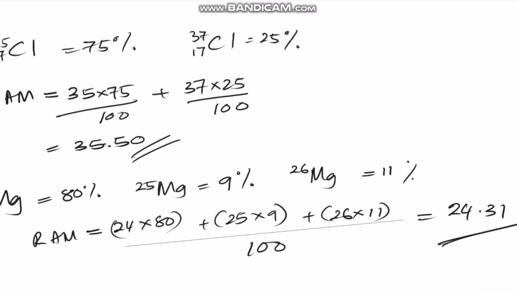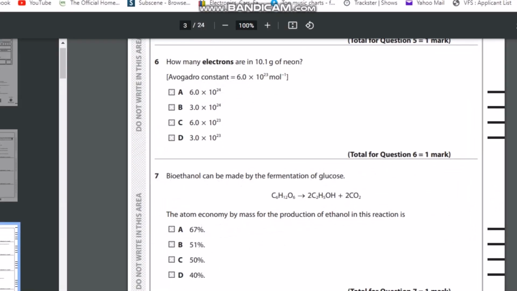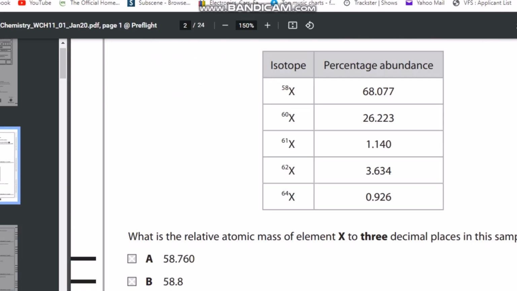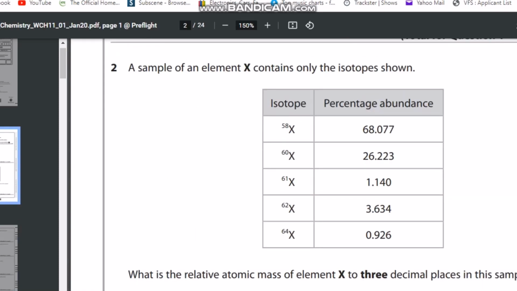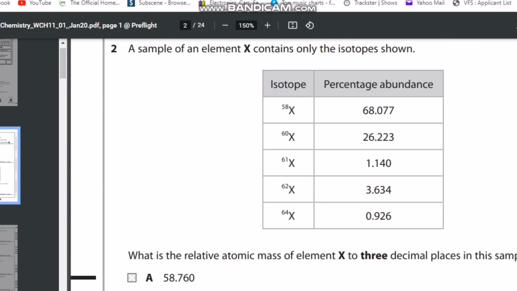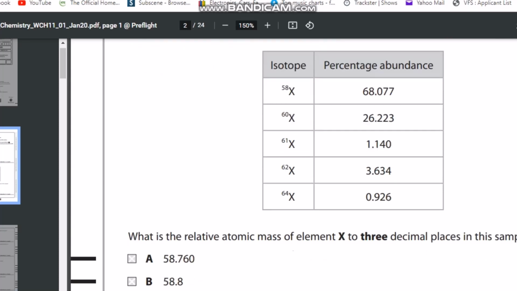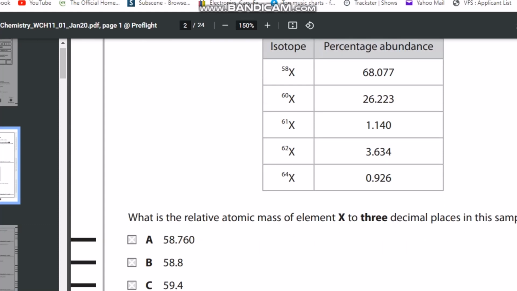If I show you a past paper question, something like this: a sample of an element X contains only the isotopes shown. You have 58, 60, 61, 62, 64 and the percentage abundances are given, and you are asked to find the RAM to 3 decimal places.